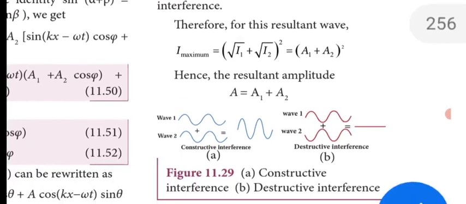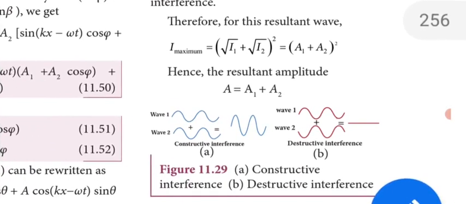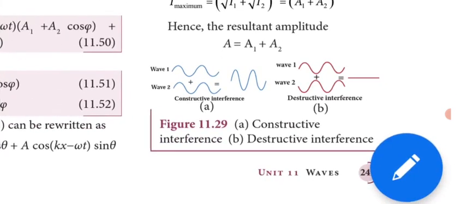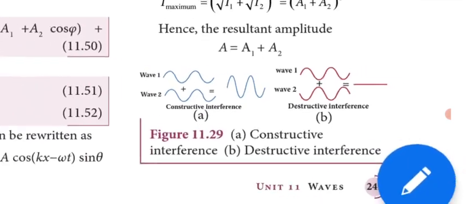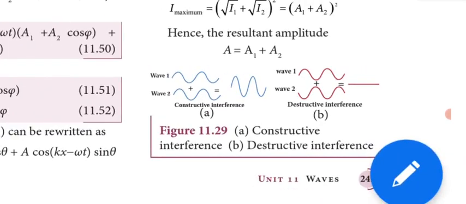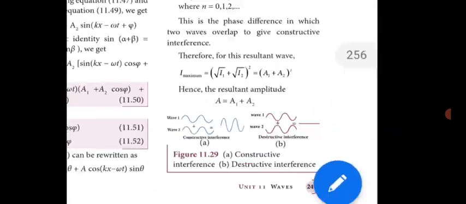So the resultant amplitude A is equal to a1 plus a2. This is for constructive interference, and for destructive interference, the overlapping of the two waves gives a straight line.